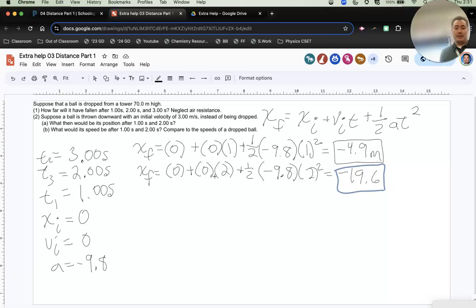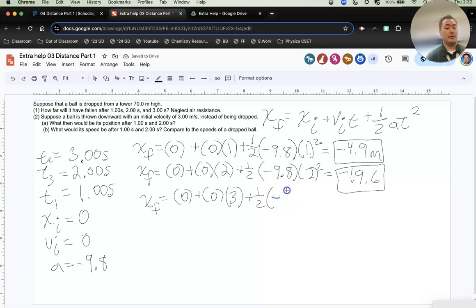All right, Emiliano, let's do the next one. What should we do? We found the distance for 1 second, 2 seconds. All that's left is 3. So write XF equals 0 plus 0 times what number, Emiliano? 3 plus half times what?